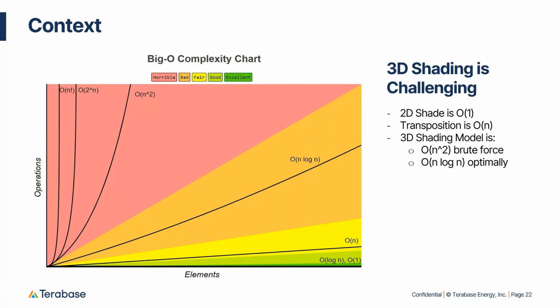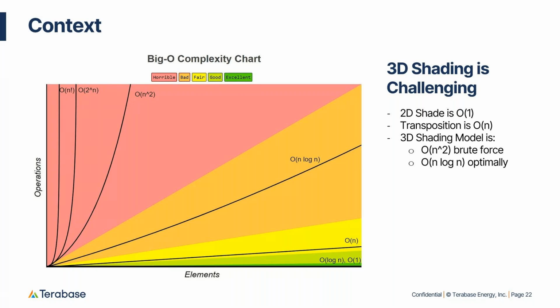Transposition is O of n, meaning for every new directional normal vector of your plane, you have to do another calculation. 3D shade modeling is O of n squared if you do it brute force, which means with each input, you have to compare it against every other input.